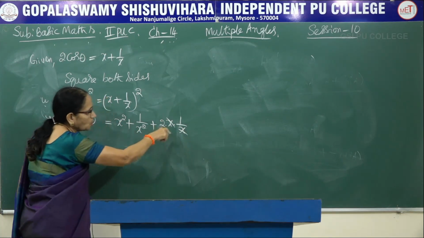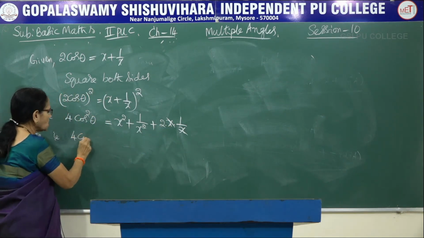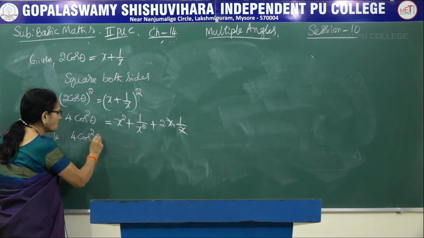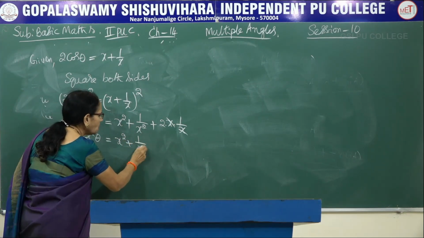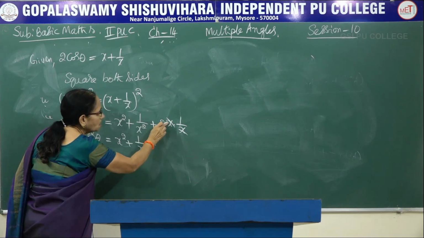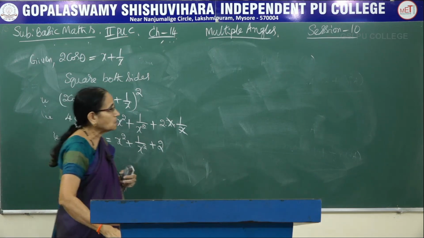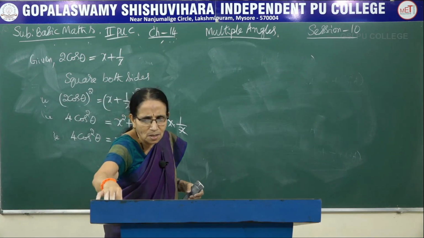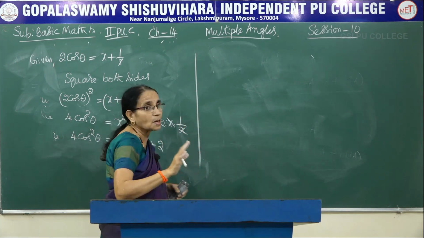Plus x and 1 by x, they get cancelled. So what is remaining now? It is 4 cos square theta equal to x square plus 1 by x square, and here x and x have been cancelled, 2 is remaining. Now we have got half of the answer. Here I am not starting with the left hand side.